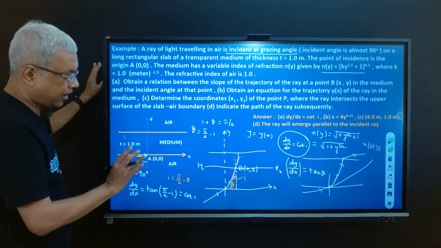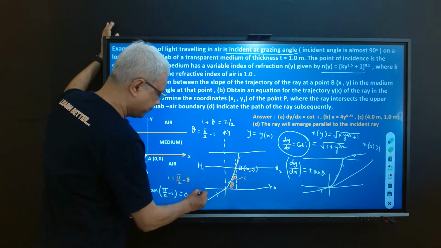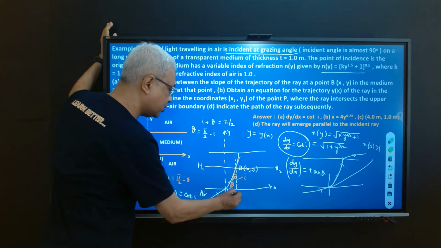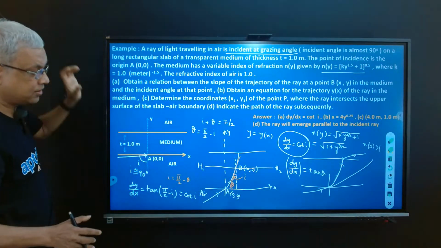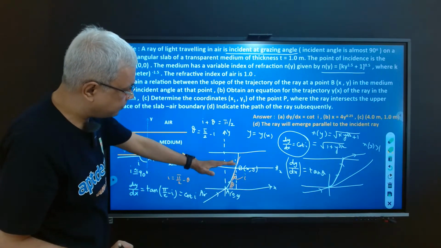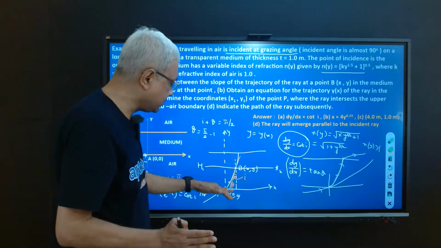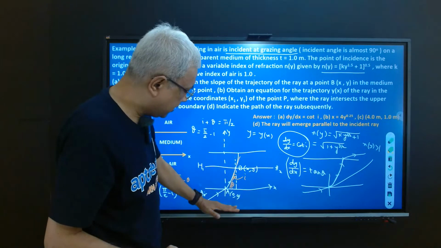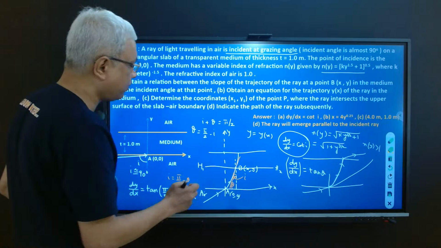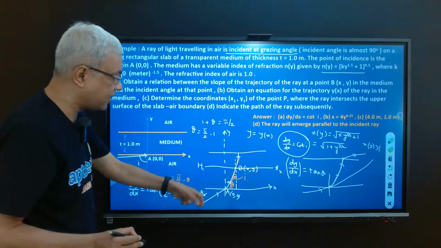So again I am explaining the light ray from vacuum or air. It is striking at the point A, whose coordinate is 0, 0 at the bottom of the slab. And as the refractive index of the slab is continuously changing in the upward direction, and it is denser than the air medium, the beam of light is continuously bending towards the normal, and the ray of light takes a trajectory like this.